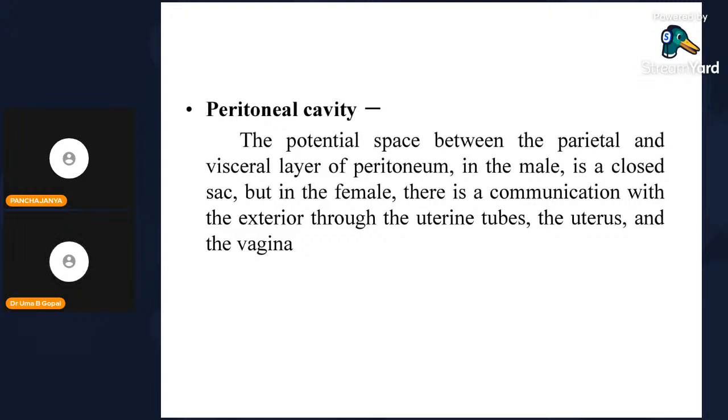It's not going. Ma'am, am I audible? You are audible, madam. But it stopped. I could not go to the next slide. The slides are changing, ma'am. It is under your control only. Mute. Sorry.